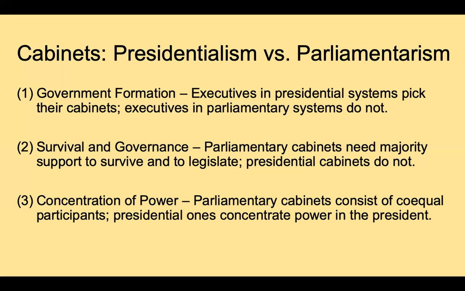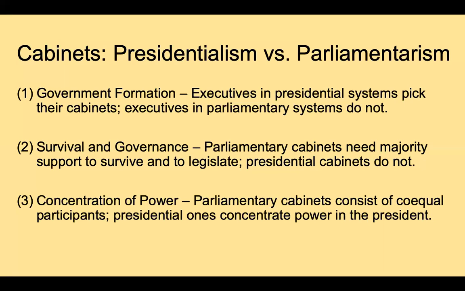It is a co-equal participatory body. It's sort of like a military junta that shares power in the sense that the different ministers enjoy a co-equal role in governing. And so, for instance, if the different ministers begin to disagree, that can cause the legislative majority to withdraw its support and to carry out a vote of no confidence, potentially to replace the government.